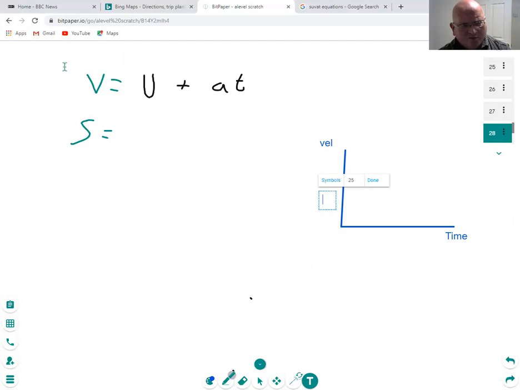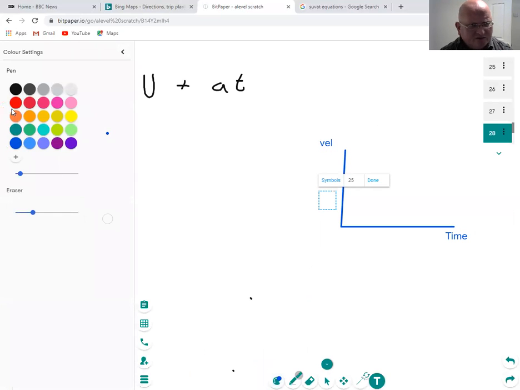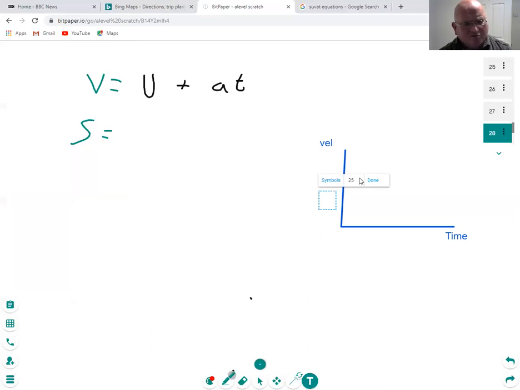Change colour again. Draw a line on, which is going to represent the rate at which the velocity changes over the period of time we're interested in.